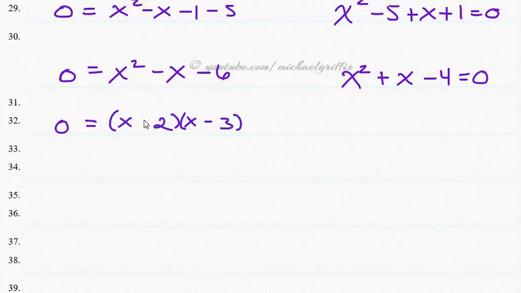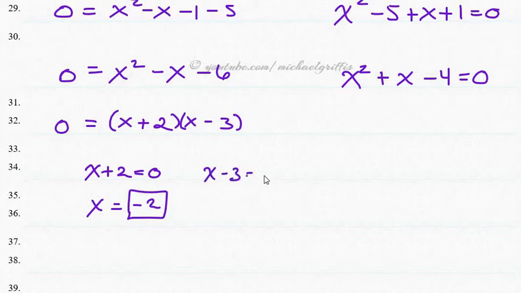Probably minus 3 plus 2, x times x squared, negative 3x plus 2x, negative 1x, and 2 times negative 3 is negative 6. Okay. So setting both these factors equal to 0, we have x is equal to negative 2. So that's a possible solution. I say possible because we might need to check it. And x equals 3.